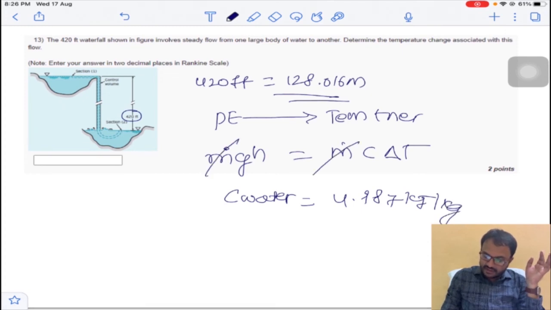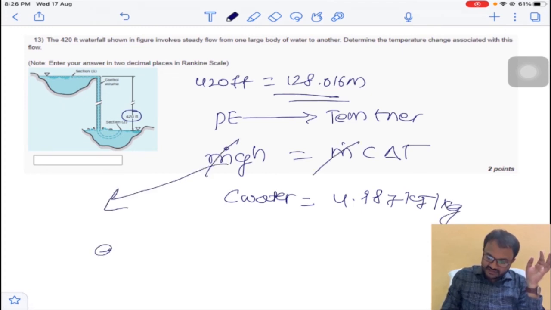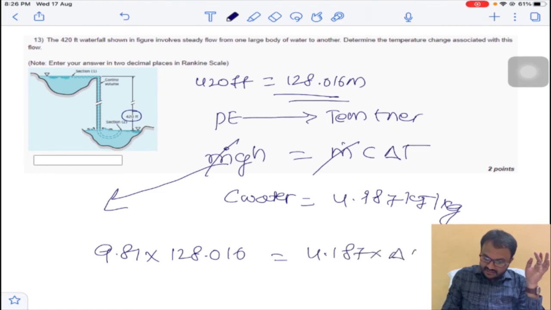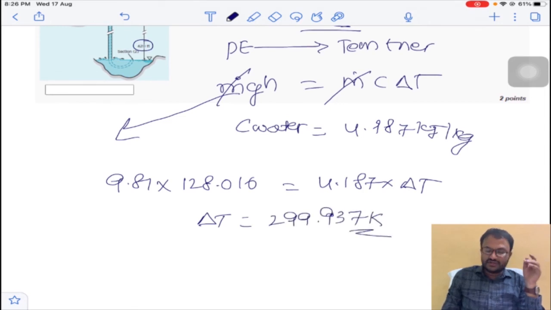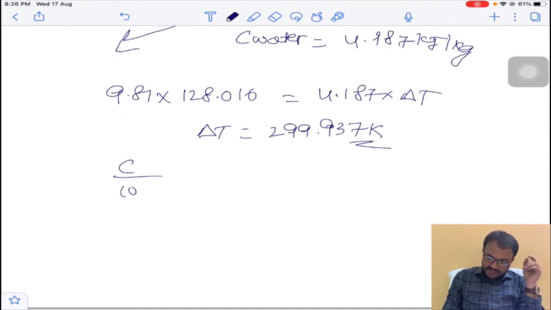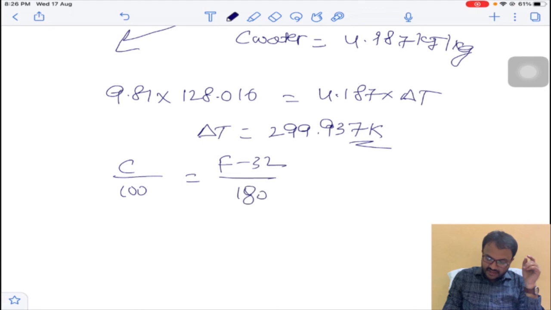So m dot gets cancelled. From this equation, 9.81 into H, the height, that is 128.016, and C equal to 4.187, with the change in temperature being delta T, we got delta T as 299.937 Kelvin. There is one formula: C/100 = (F − 32)/180 = (K − 273)/100.